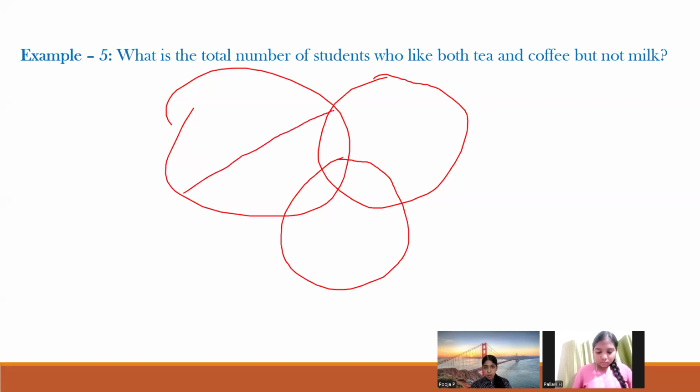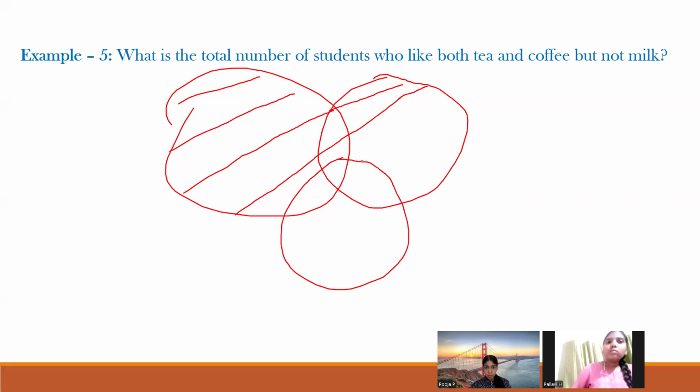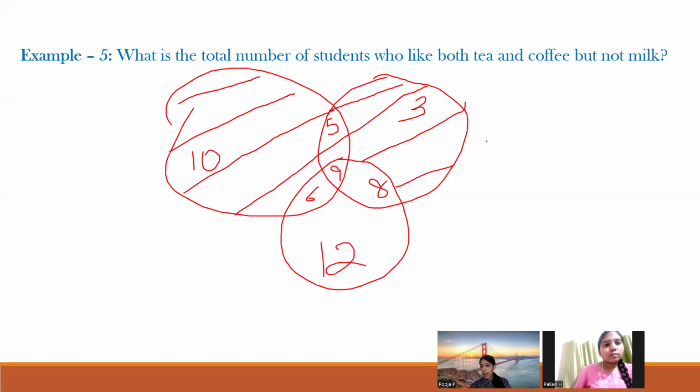So they have asked you this group. Okay, so we are given that this is 9, this is 5, this is 6, this is 8. We know that this is 10, this is 3, and this is 12. So now quickly add and tell me.